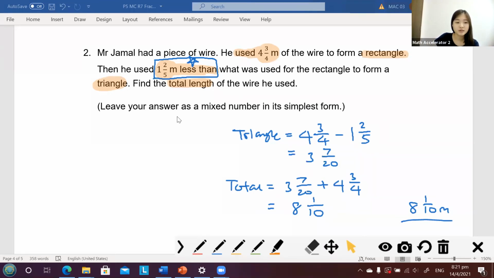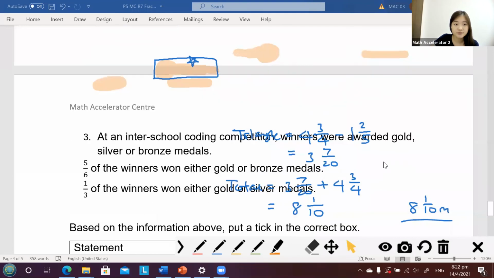This is nothing about area of triangles, or think that you haven't learned about triangles. This is just talking about measurement, the length of the wire that is used to form a triangle. All right, let's go to the next question.